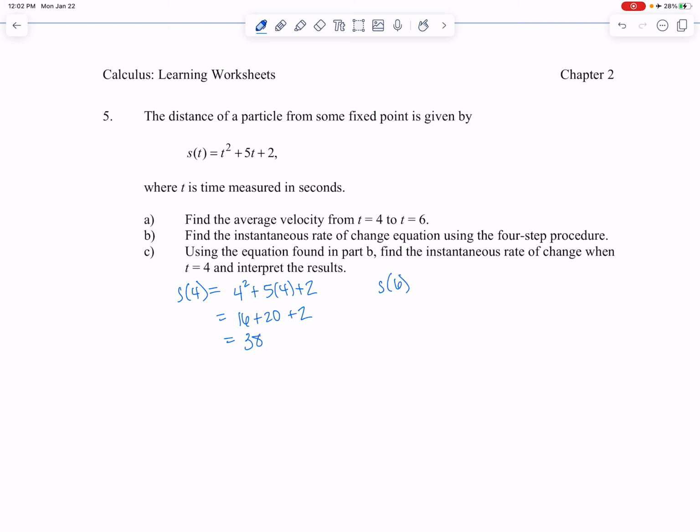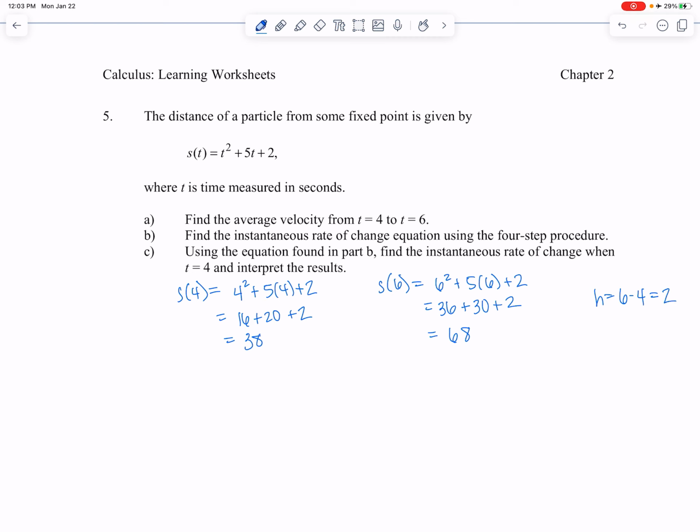S of 6, 6 squared plus 5 times 6 plus 2, 36 plus 30 plus 2, 68. And we also should note our h is the difference between our x values, and 6 minus 4 is 2.